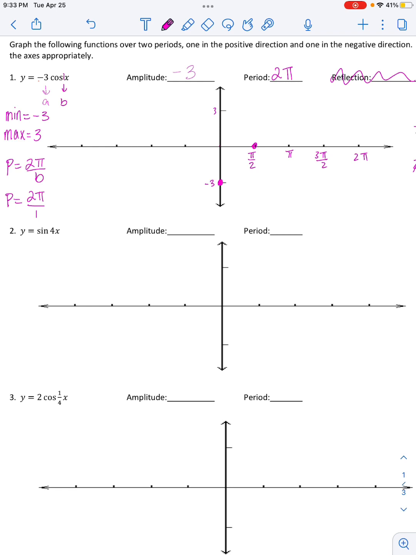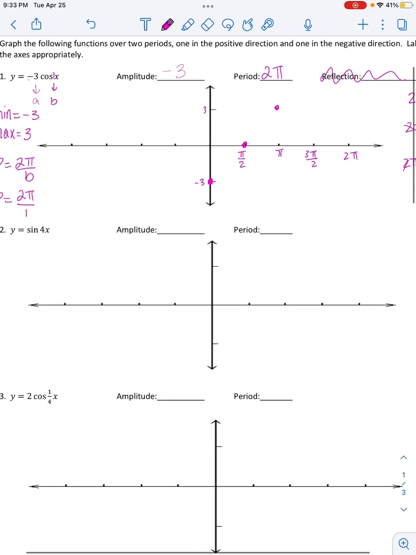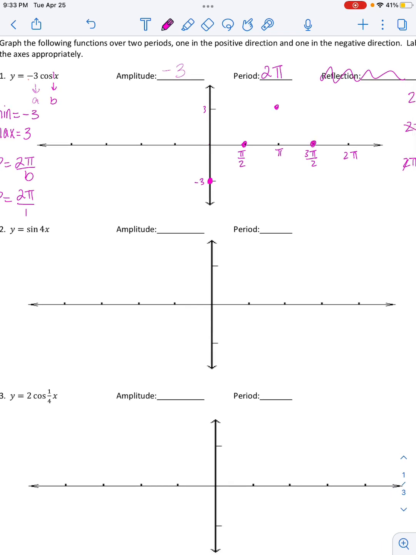It's then going to go up to the midline at pi over 2, then up to the maximum at pi, back down to the midline at 3 pi over 2, and then at 2 pi, it's going to go back down to the minimum value. And that represents one single cycle.